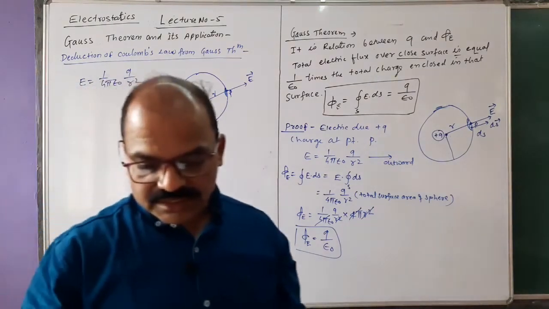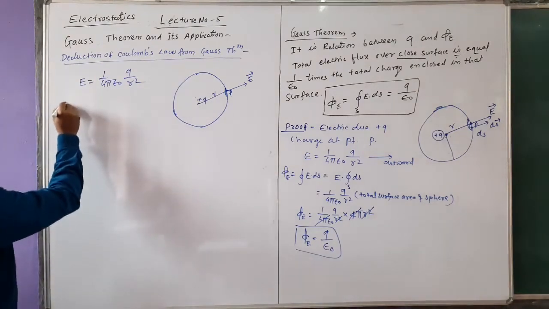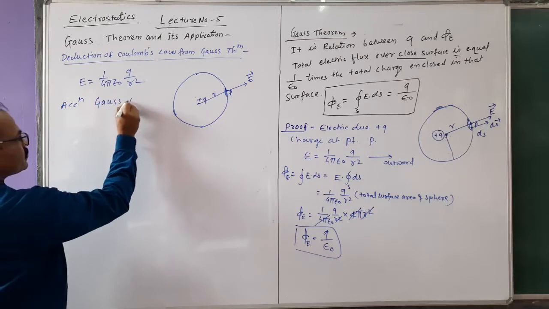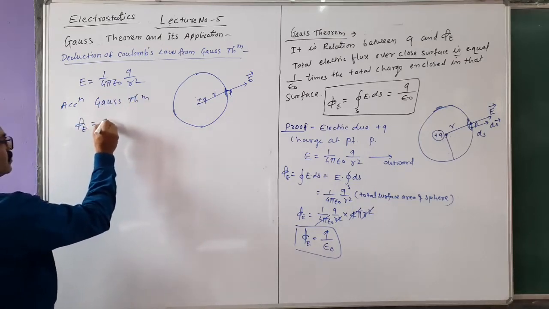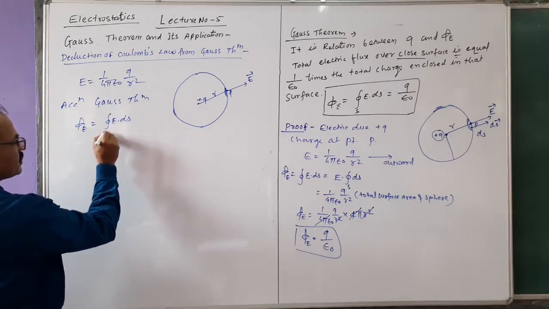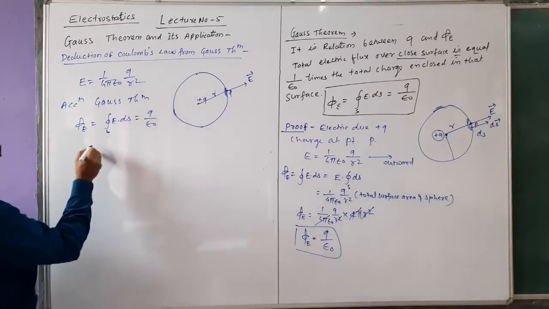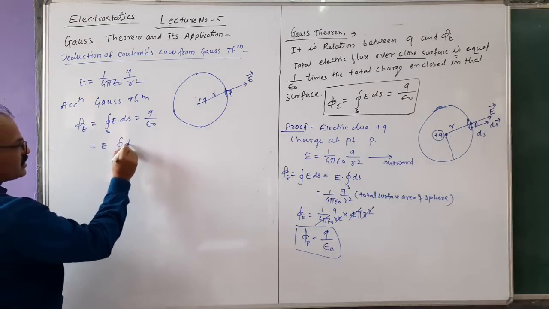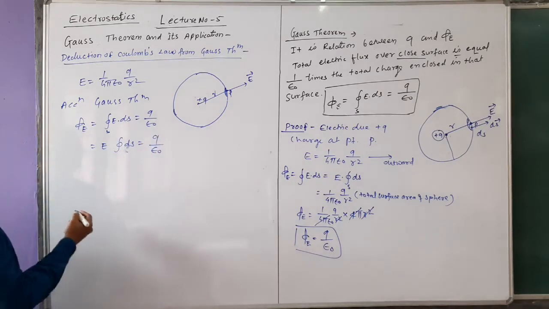This is the direction of E. Again, according to Gauss theorem, electric flux, the closed surface integral of E·dS, equals Q divided by epsilon naught.